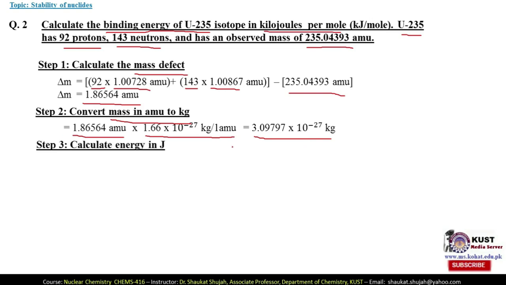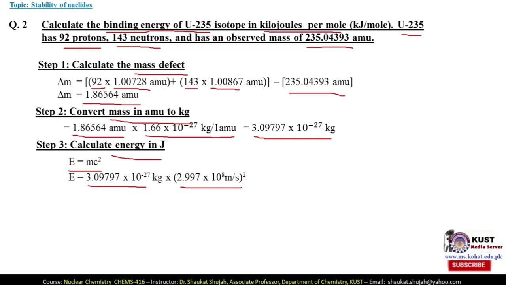In step 3, we convert this mass in kilograms to energy in joules by using Einstein's equation. So we multiply the mass in kilograms with the velocity of light squared, and the answer which we get is 2.7843 times 10 to minus 10 joules.